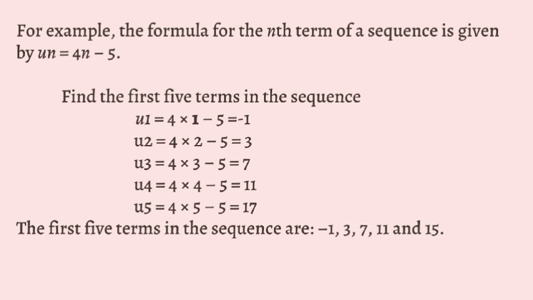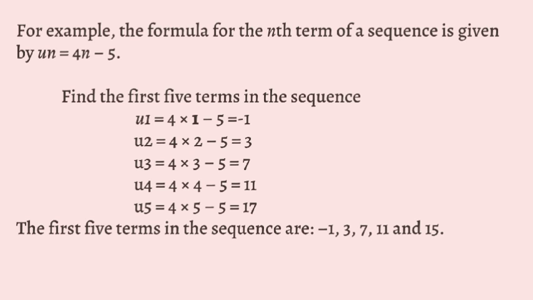Find the first 5 terms in the sequence. U1 equals 4 times 1 minus 5 equals minus 1. U2 equals 4 times 2 minus 5 equals 3.